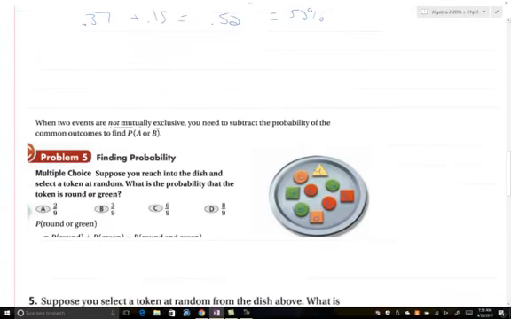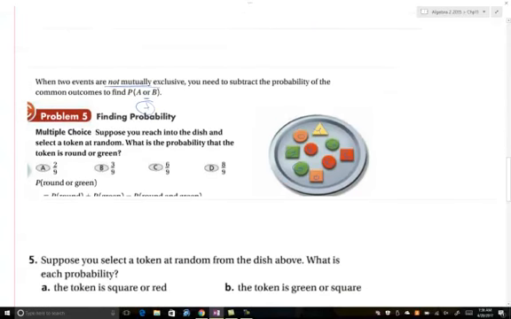If they are not mutually exclusive, we're doing or, so that means addition to us. So we want to work through and say that we want to find the round ones. Well, that's 5 out of the 9 plus the green ones, which is 3 out of the 9. But how many are round and green? Because that means I've counted those twice.